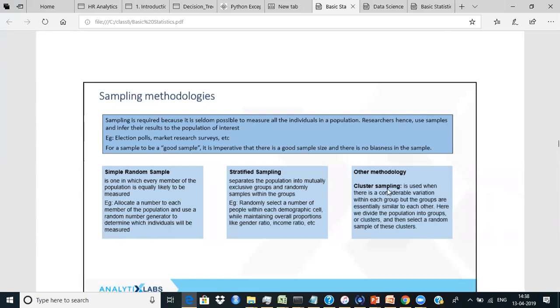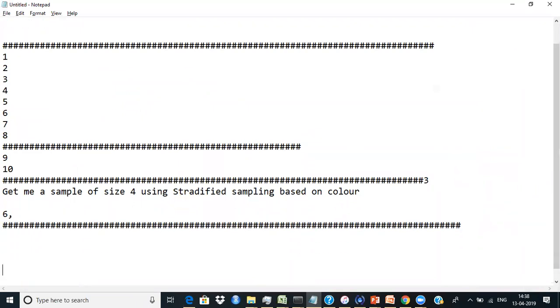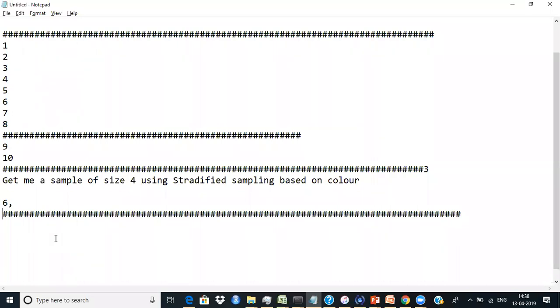Say, for example, let's say my population is all of the people living in India, right? So my population is all Indian residents.